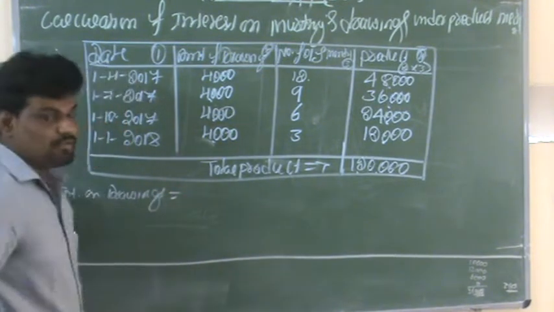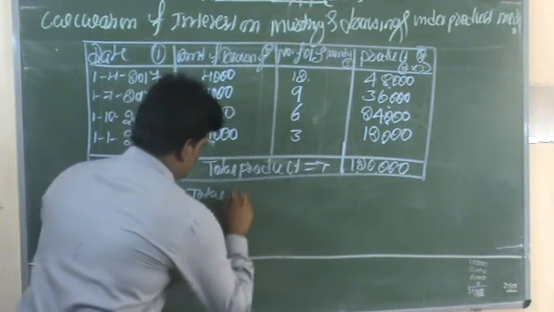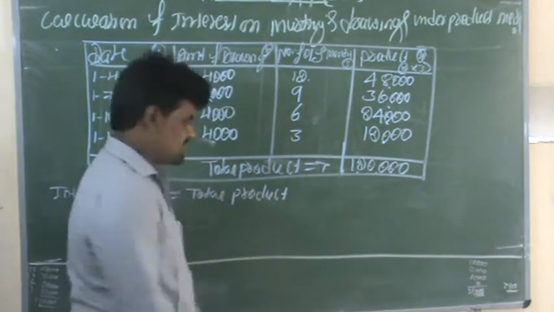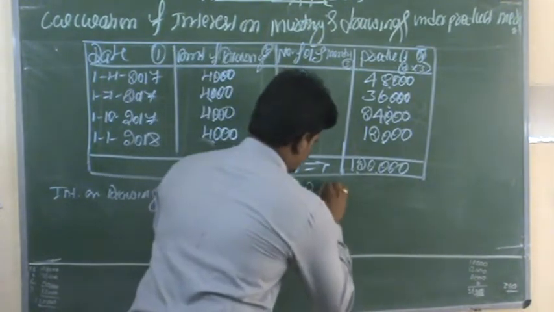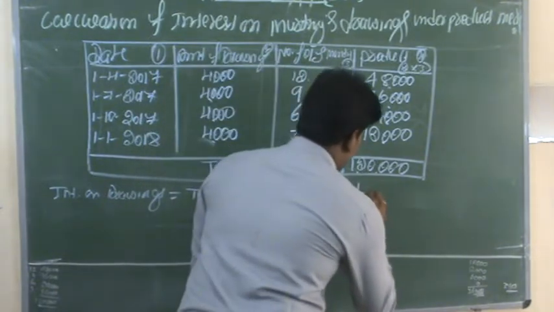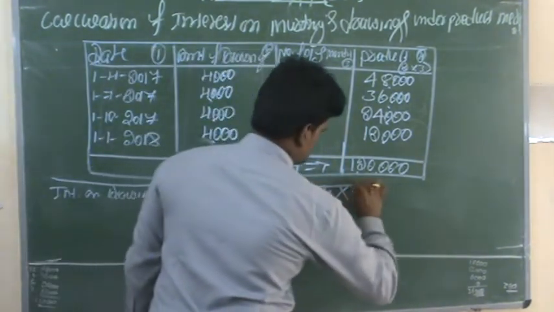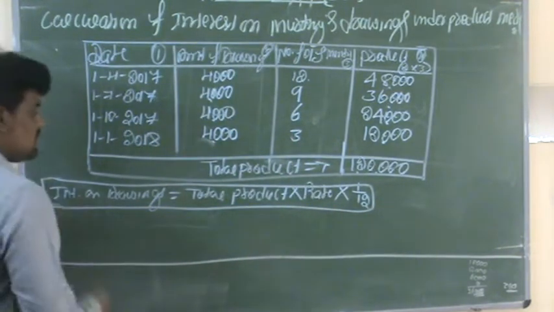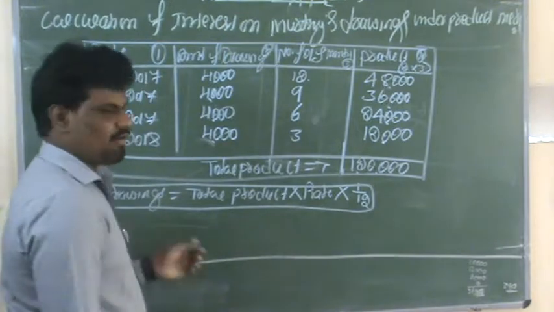Interest on drawings equals total product into rate into 1/12. This is the formula for the calculation of interest on drawings.